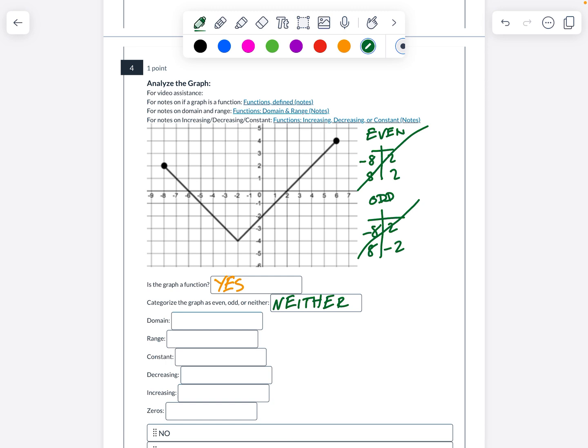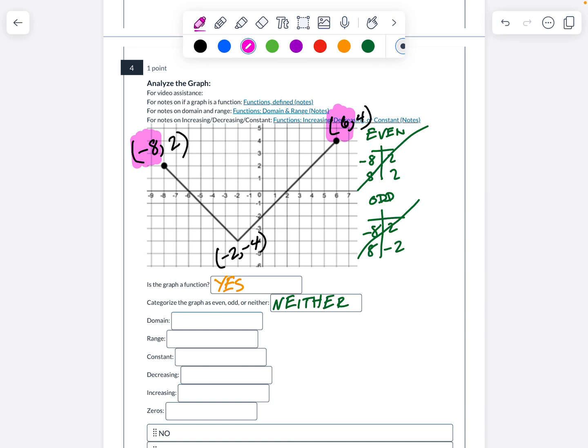Okay, I'm going to label some points. This is the point negative 8, 2. This is the point negative 2, negative 4. And this is the point 6, 4. To do domain, I want the smallest x and the biggest x.